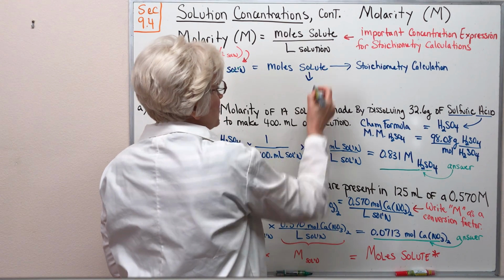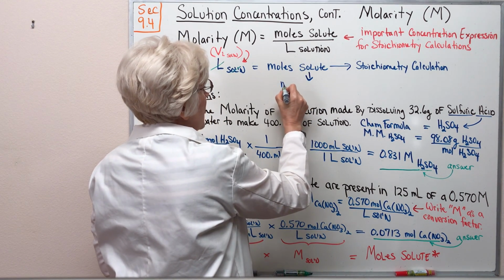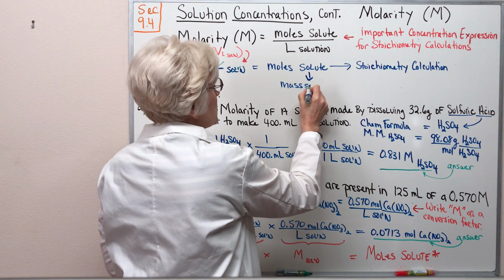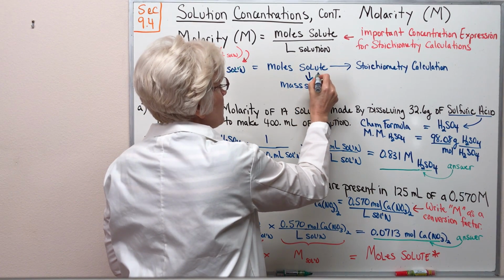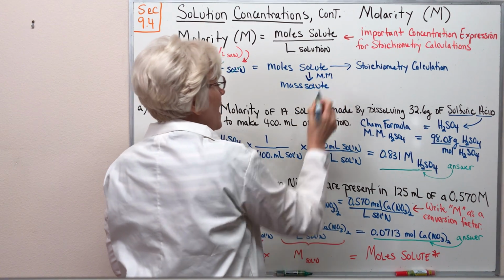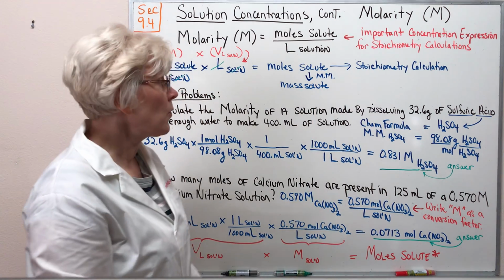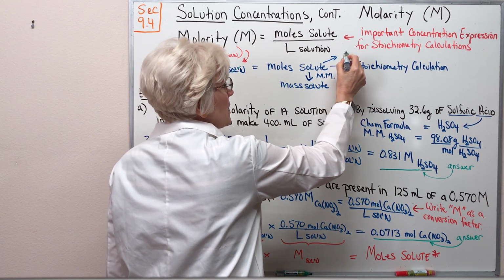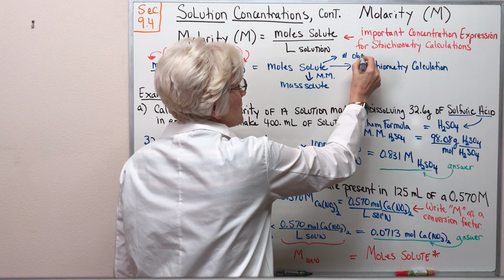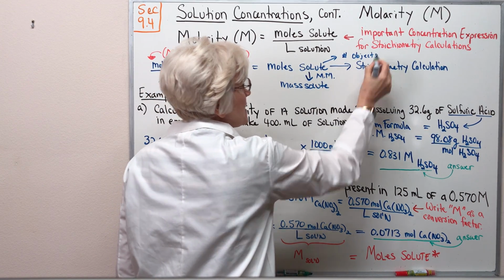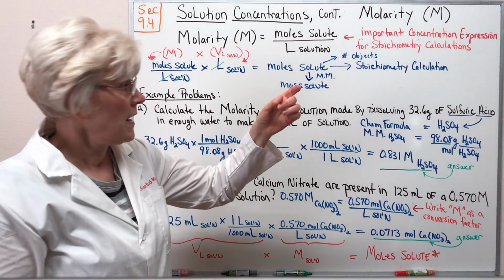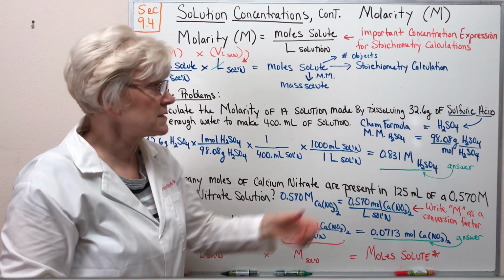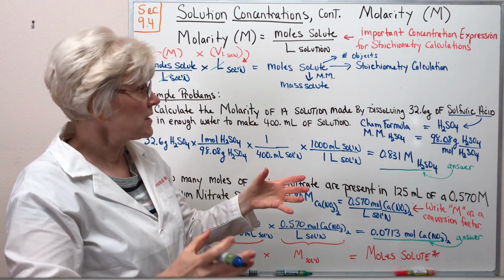or we could take that moles of solute and calculate a mass of solute from that, if we have, of course, molar mass information, or we could take moles of solute and calculate the number of objects of whatever it is we're talking about: atoms, molecules, ions, formula units.